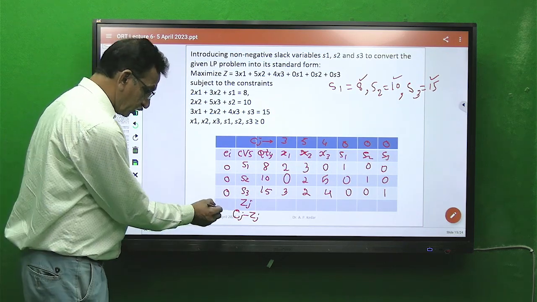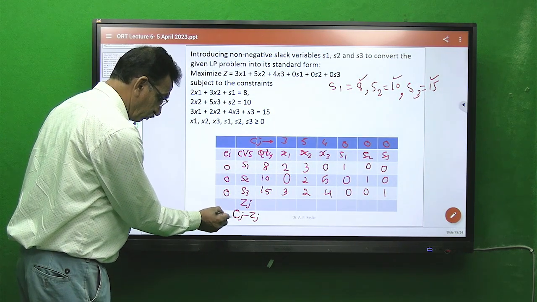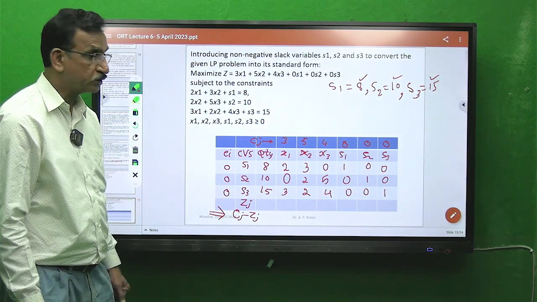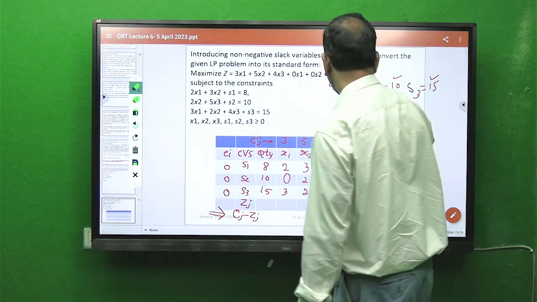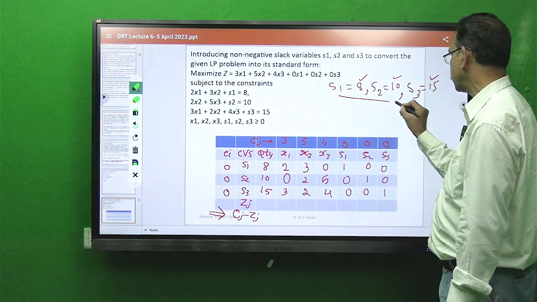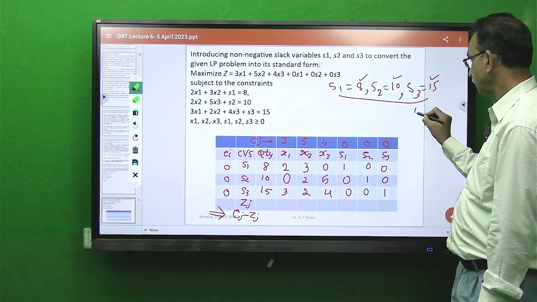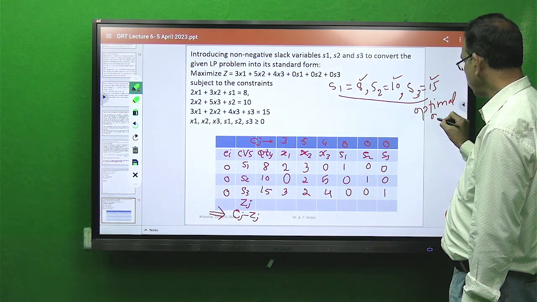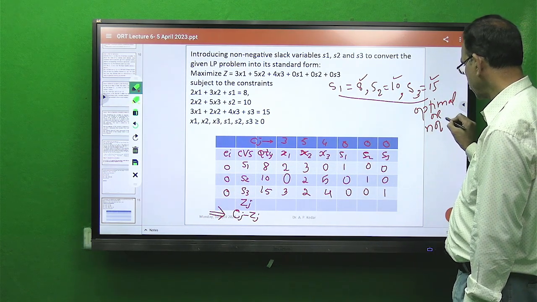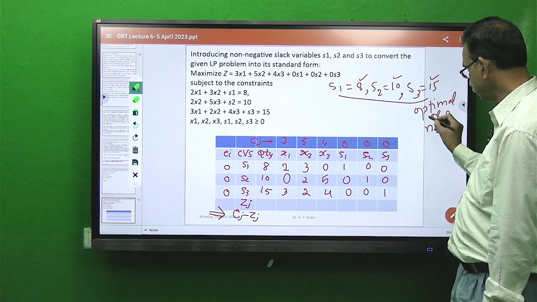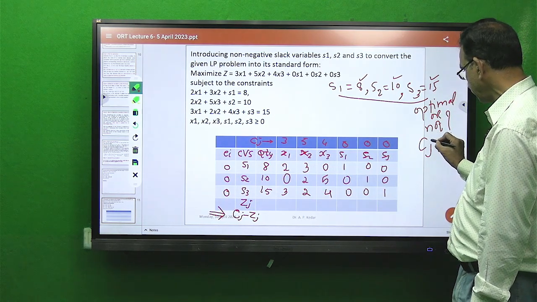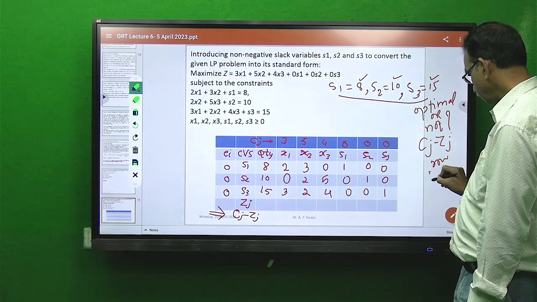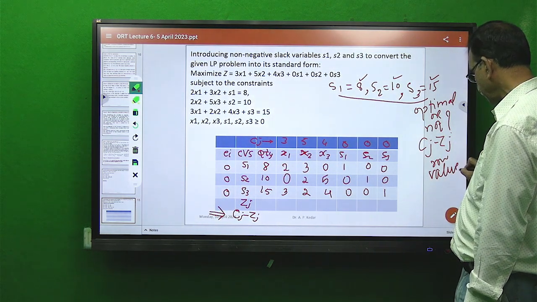Now this particular row will be the deciding factor whether the initial solution, S1 is this quantity, S2 is this quantity, is optimal or not. This is decided by the Cj minus Zj row values. We have discussed it in our previous lecture.